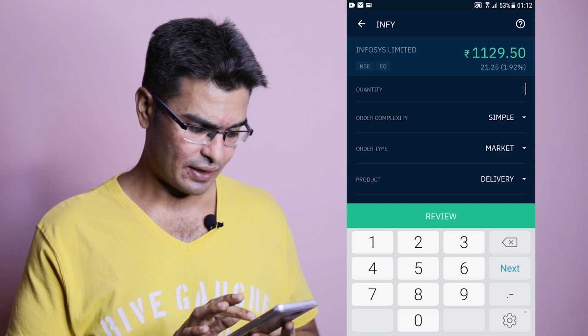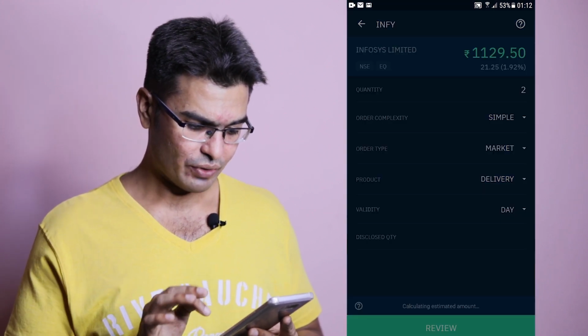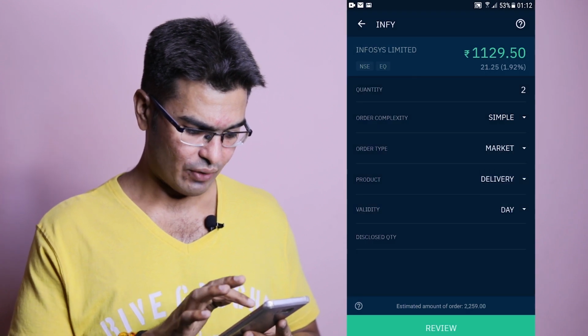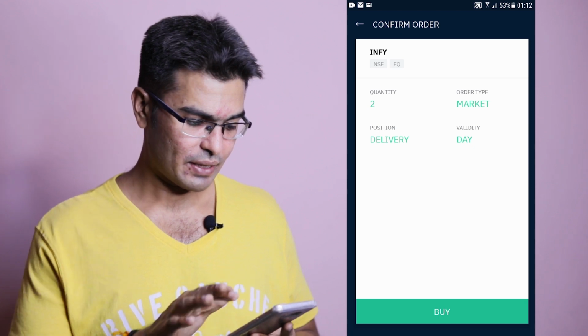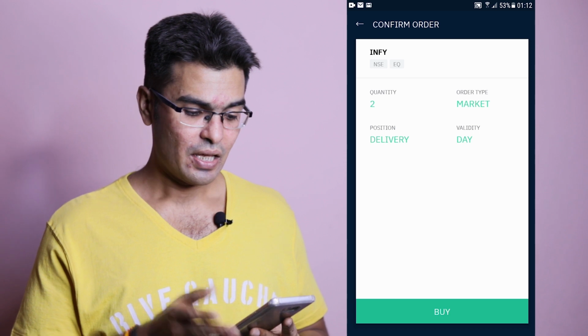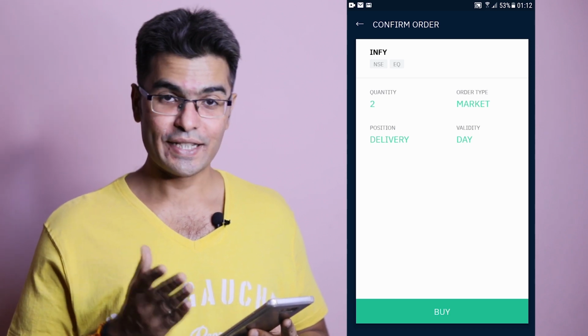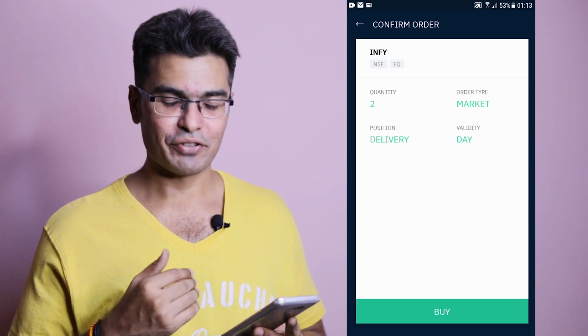Let me put 2 in this case. Once I have selected our order type as market, I need to review this particular order. At this place, all the things I have filled, I only need to click on the buy button. But since the markets are already closed, I won't be able to show you how this particular trade will get executed.